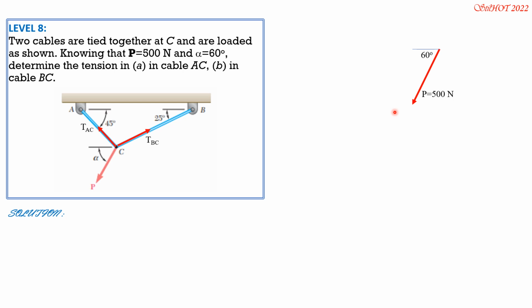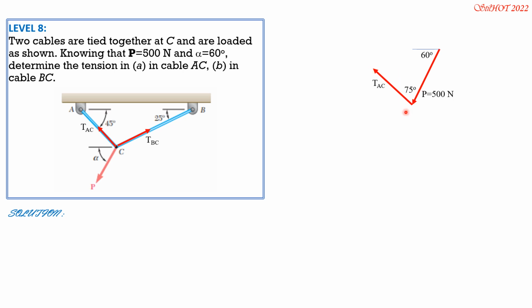Then let's connect tension in AC, which makes an angle of 45 degrees with the vertical, 45 degrees with horizontal. And therefore, because this is vertical, this is 30 degrees because that's 90 minus 60. The angle here would be 45 plus 30, 75 degrees.